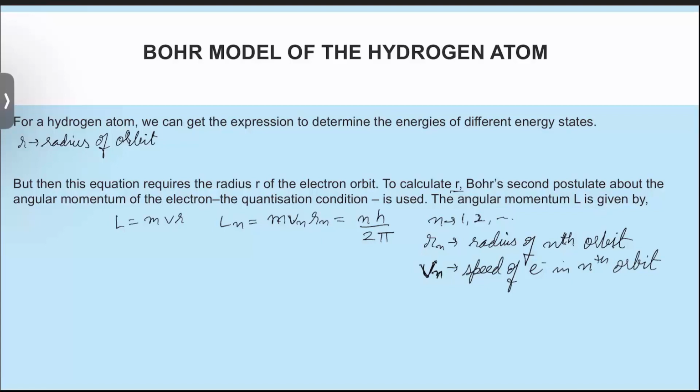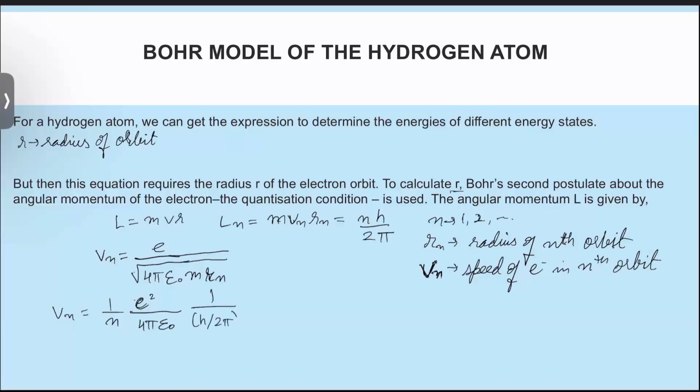To understand the relation between v and r, the speed and the radius of the orbit, we can get vn as equal to e square by 4 pi epsilon 0 n h by 2 pi, that is, vn equals 1 by n times e square by 4 pi epsilon 0 times 1 upon h by 2 pi.